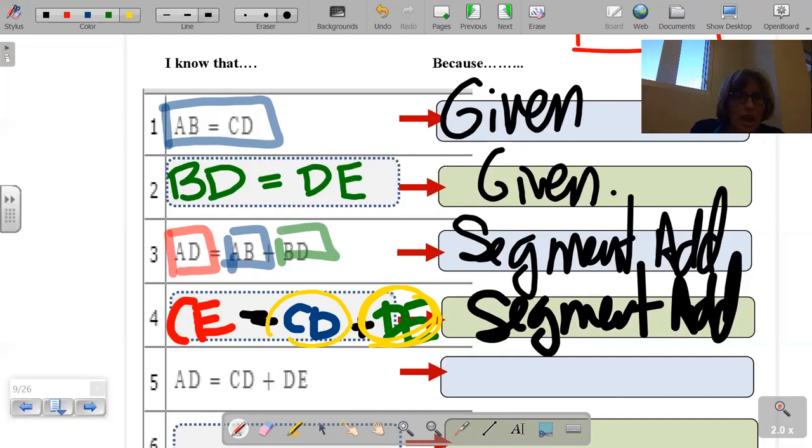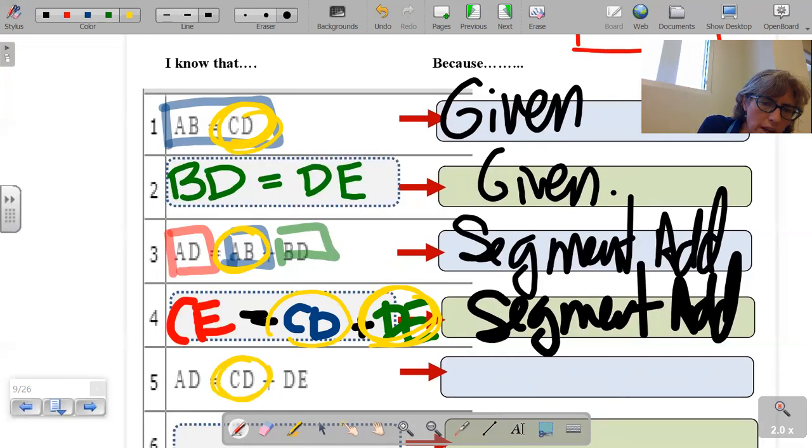Do you see that I could swap out AB and put in CD? And that's exactly what I did there. Do you see I could swap out BD and swap in DE? And that's exactly what I did there.